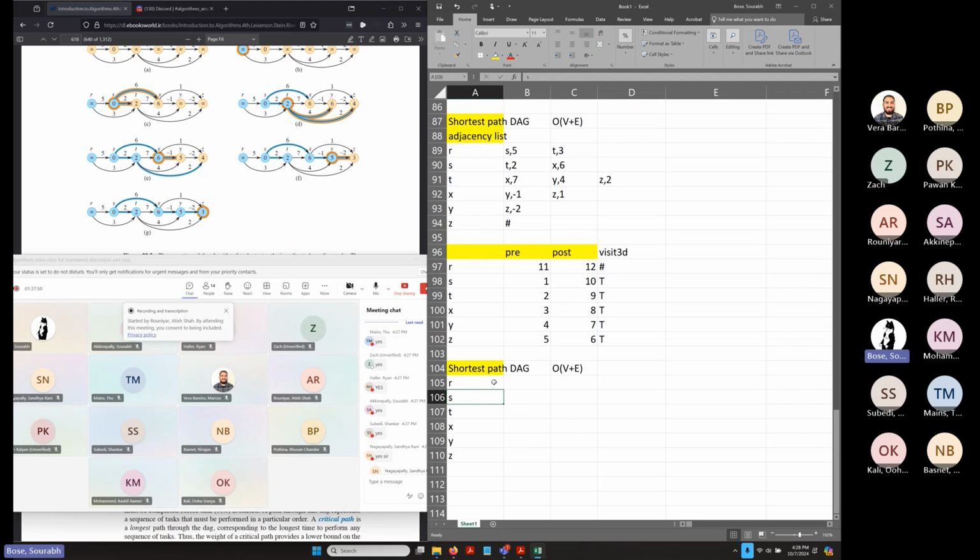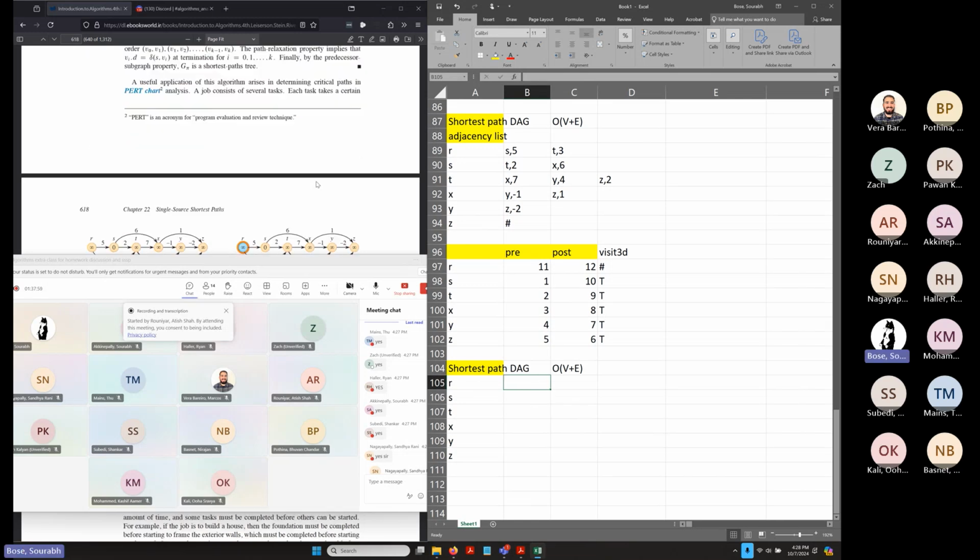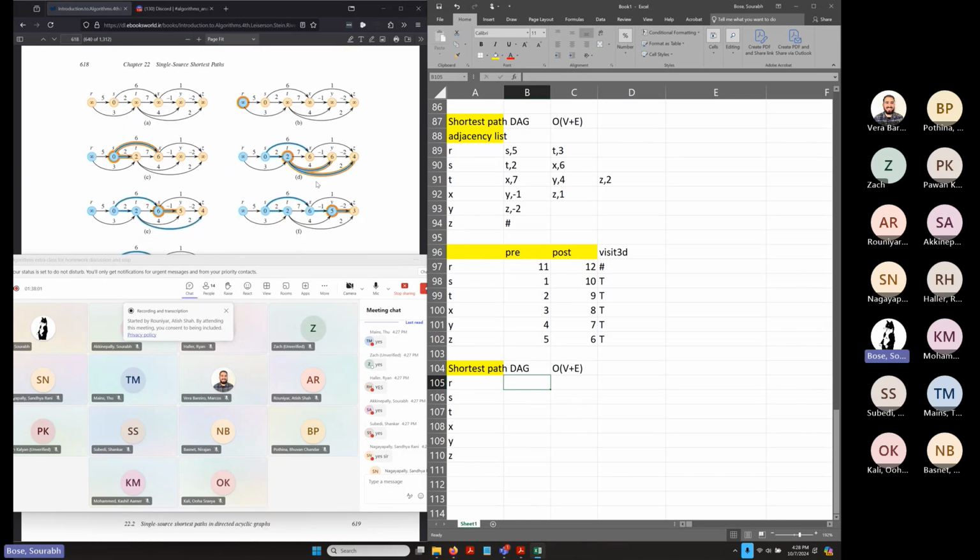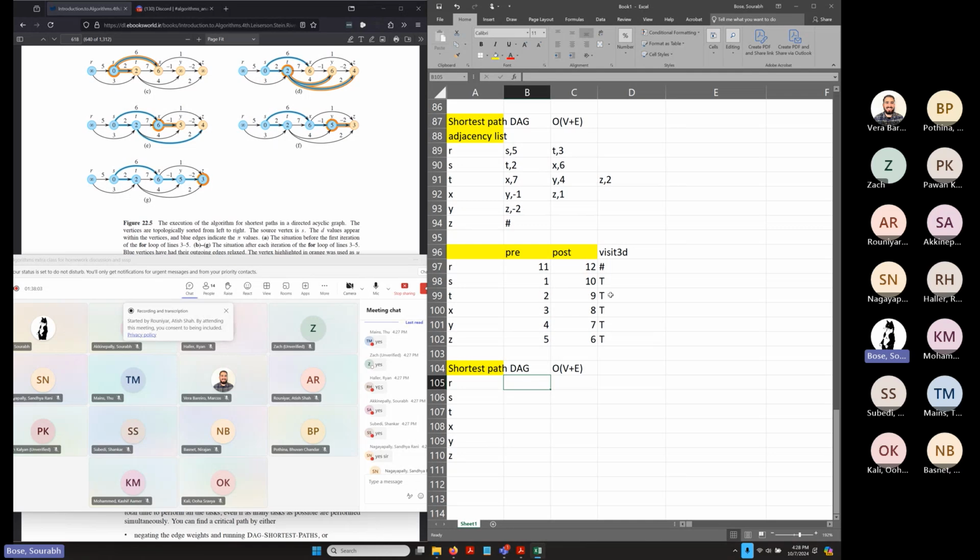It first detected shortest path for S, but this time it remembered that S is just on its own. Okay, so initially it is going to set everything to that same thing. So S is 0, everything else is infinity.